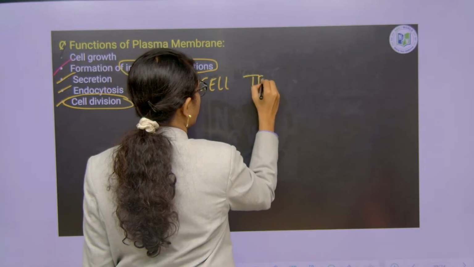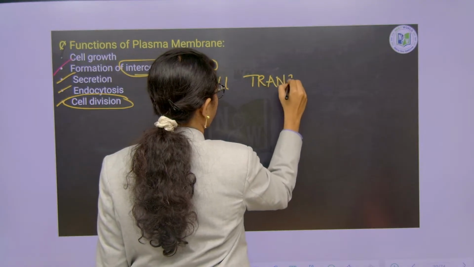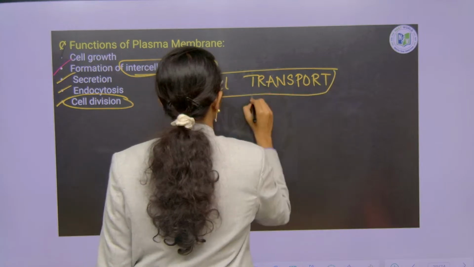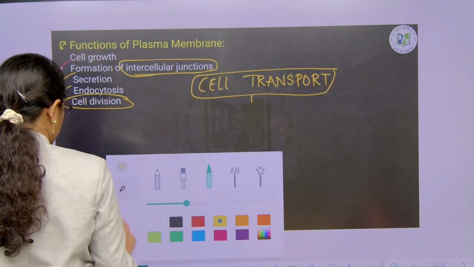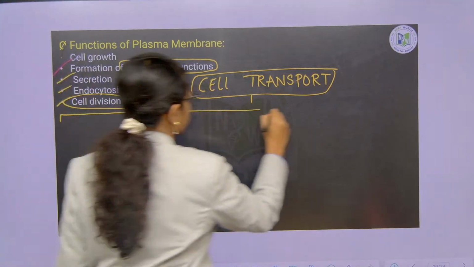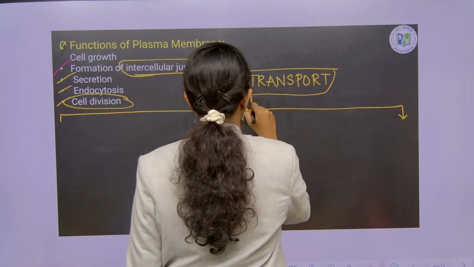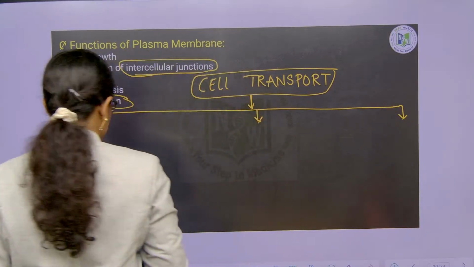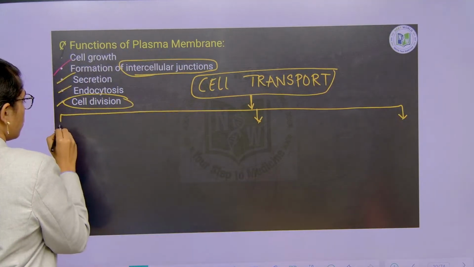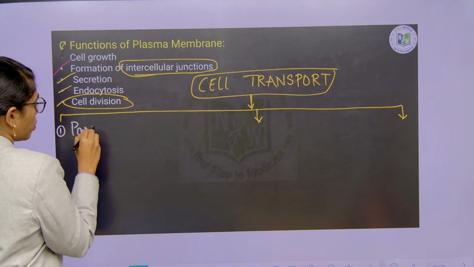Cell transport or cellular transport happens in three modes. First, passive transport.